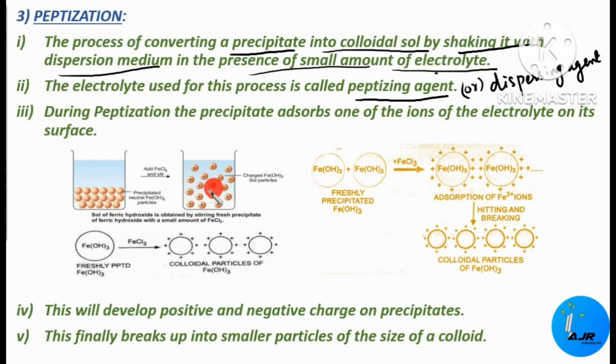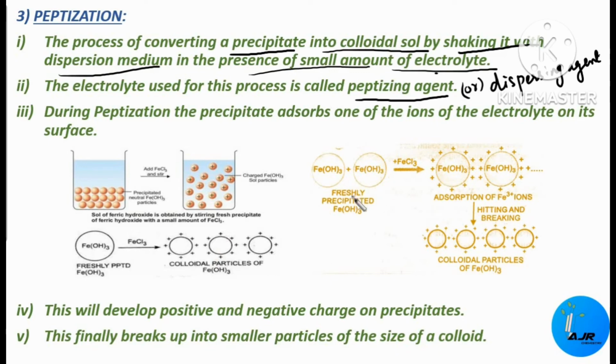When the solution is stirred, the ferric ion will be getting absorbed, that is the positive ion. As I told you, it is one of the ions, either positive or negative. Here from ferric chloride, Fe3+ will be getting absorbed on the surface of the ferric hydroxide molecules. So what happens, these colloidal particles of ferric hydroxide are formed. How are they formed?